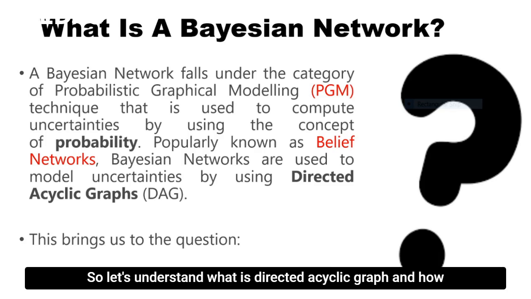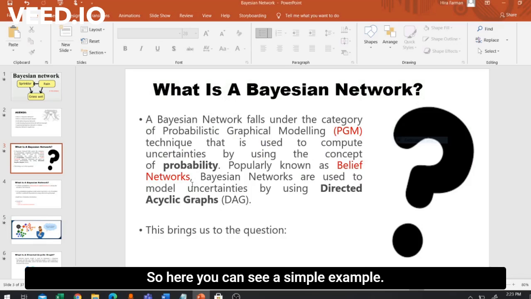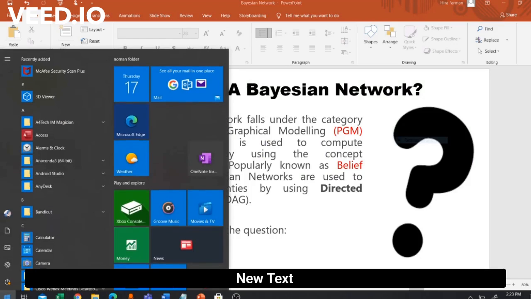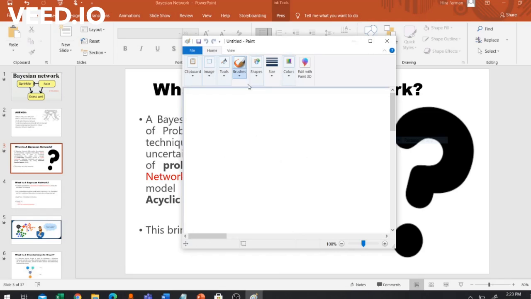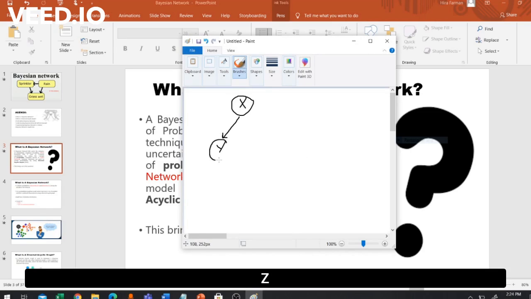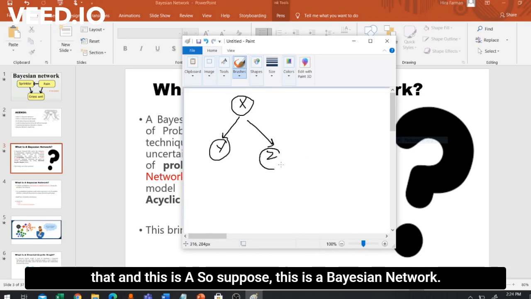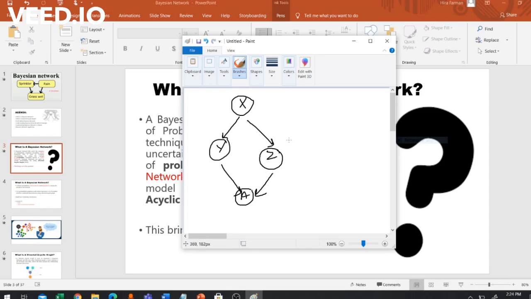So let's understand what a directed acyclic graph is and how we can represent a Bayesian network. Here you can see a simple example. Suppose this is a graph with x, y, z, and this is A. So suppose this is a Bayesian network, we can say a belief network.